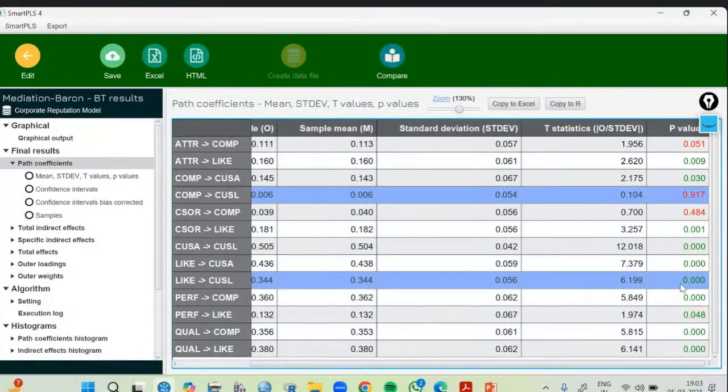See, the direct relationship of likability is significant, and the direct relationship of competence and customer loyalty is not significant. We are talking about the direct effect. Now we check the total indirect effect.